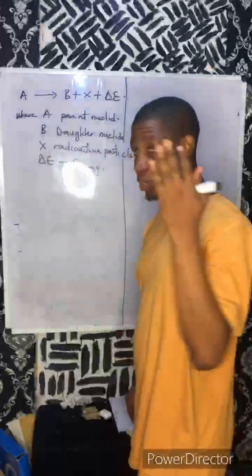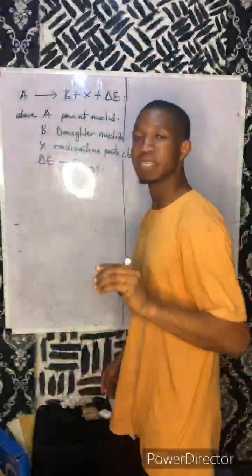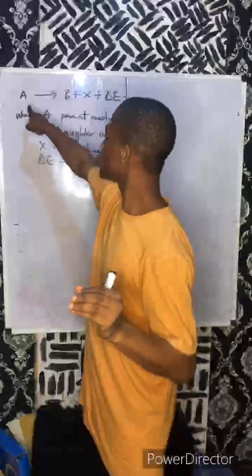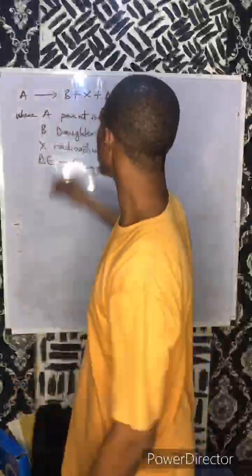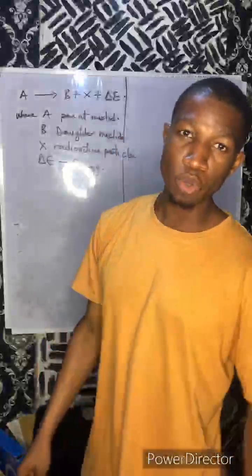Now, back when we were dealing with chemical reactions, we always said that the rate of a chemical reaction is directly proportional to the concentration of the reacting particle, isn't it? But unfortunately this is not a chemical reaction, this is a nuclear reaction. There's no concentration here.